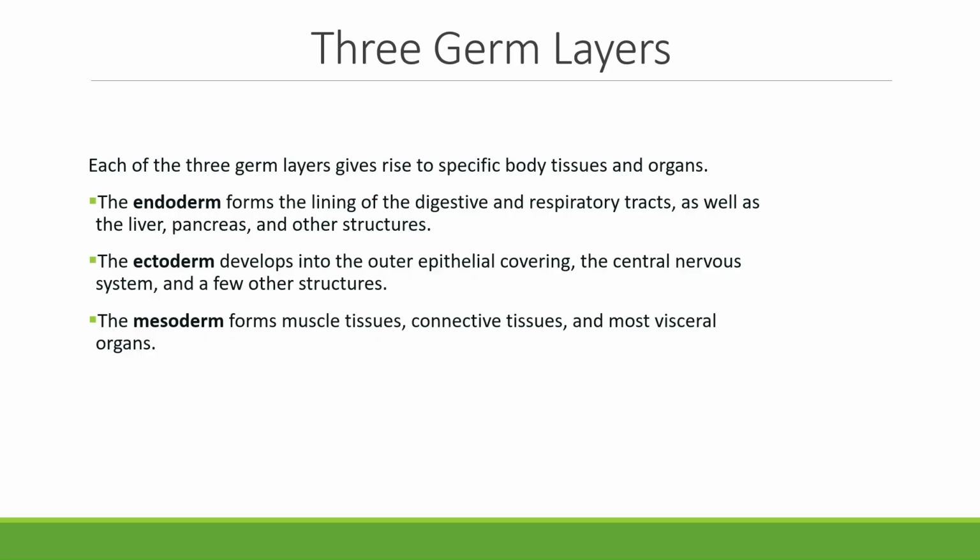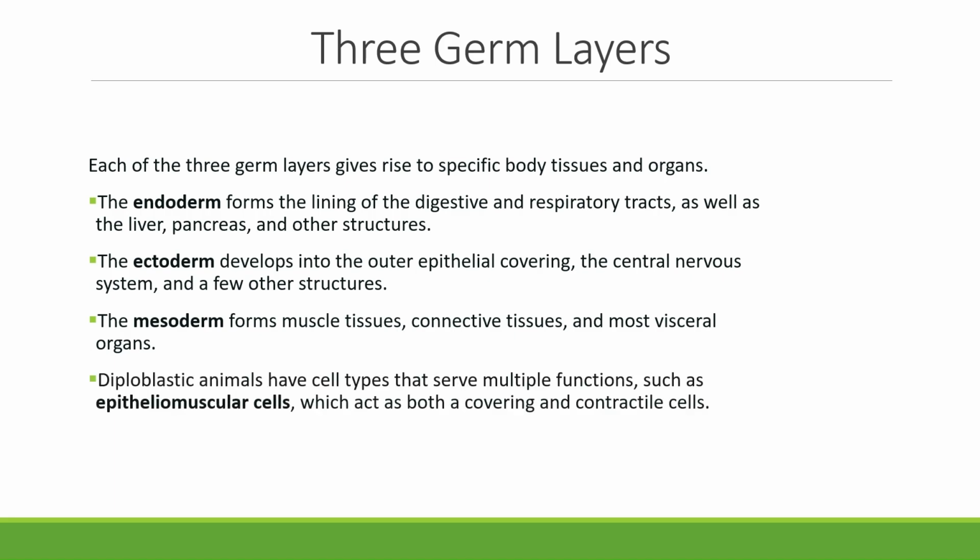The presence of mesoderm is transformative, as you could see. It allows for true muscle development, complex circulatory systems, and internal body cavities. Without mesoderm, structural complexity is going to be limited. Diploblastic animals often possess multifunctional cells. For example, epitheliomuscular cells can serve both covering and contractile functions. In contrast, triploblastic animals can compartmentalize functions into distinct tissue types.